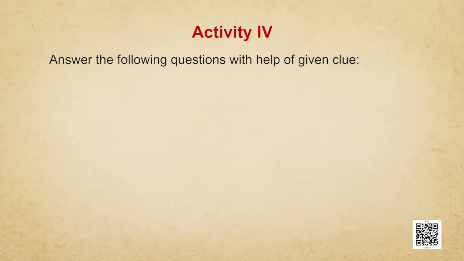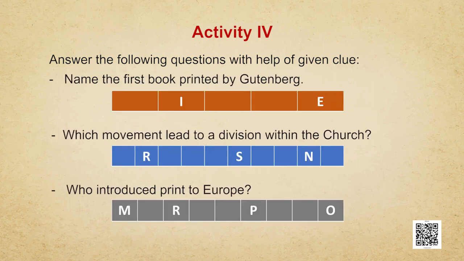Now, let us do an activity. Answer the following questions with the help of given clue. First question is, name the first book printed by Gutenberg, and there is a clue for you. The second letter is I and the last letter is E. Question number 2, which movement led to a division within the church?